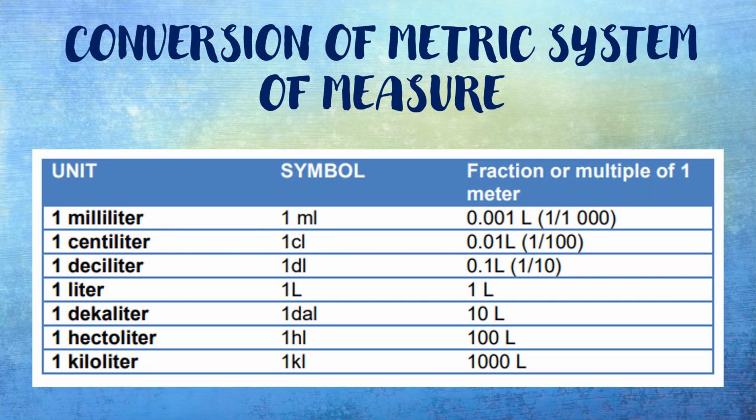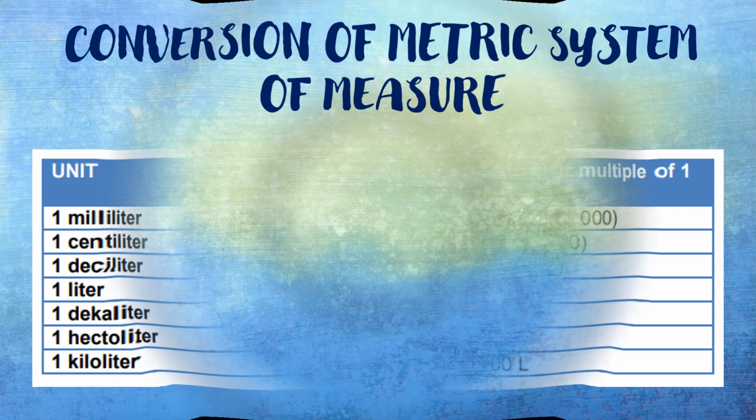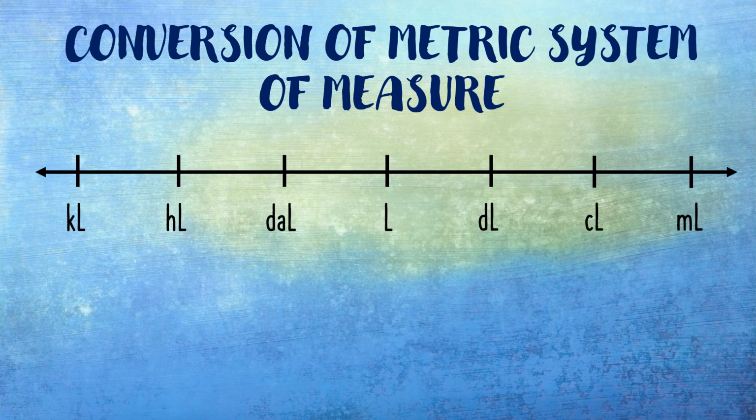So, in this conversion of metric system of measure, when we are talking about the measure of volume, ito yung mga gagamitin natin. The least, or yung pinakamagaan, is the milliliter and the heaviest is the kiloliter. So, we will use this given metric system of measure.